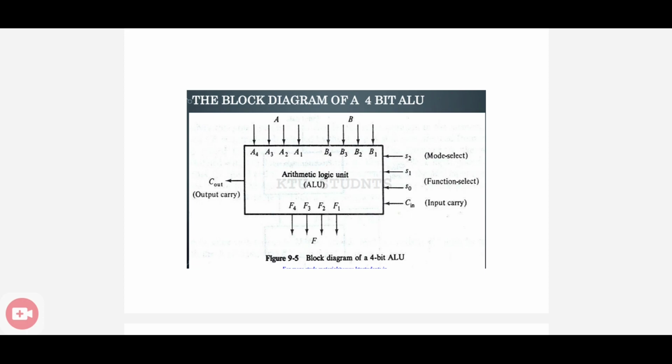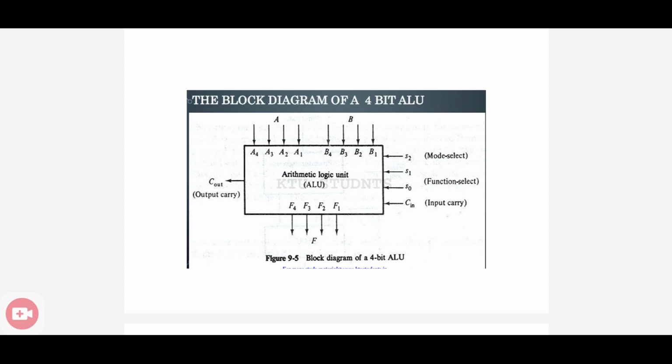So there are 2 inputs, each of which is 4-bit in size. A input is there, also B input is there. A is a 4-bit input, B is also a 4-bit input. And it produces a 4-bit output. Output is F, and F1, F2, F3, F4 are the bits of output.